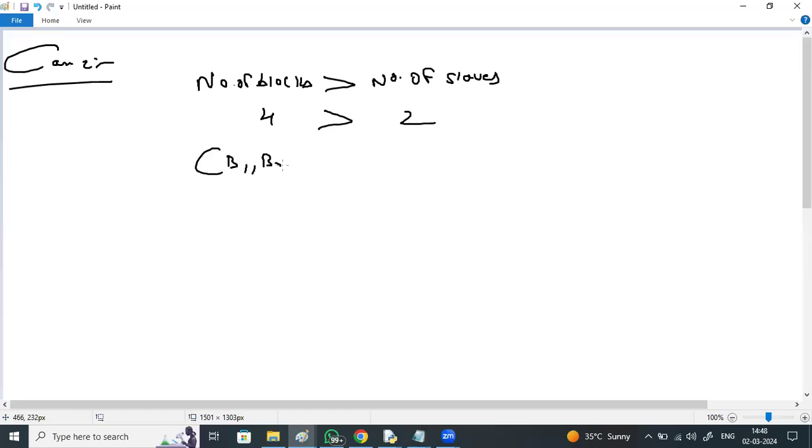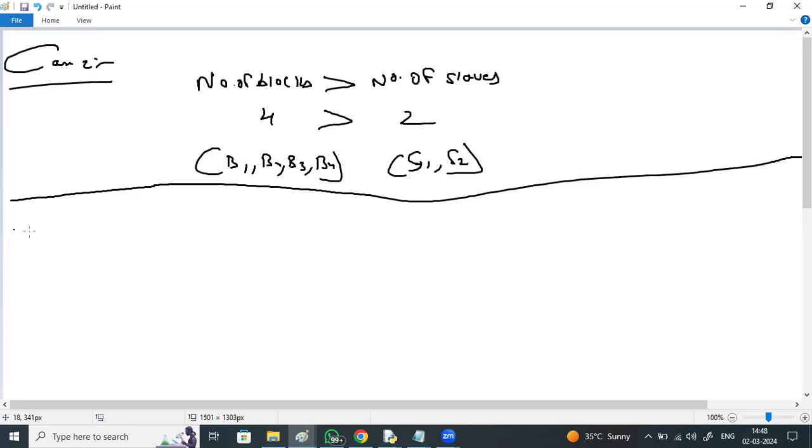B1, B2, B3, and B4, 4 blocks. How many systems? S1 and S2. Data storage you observe, right?